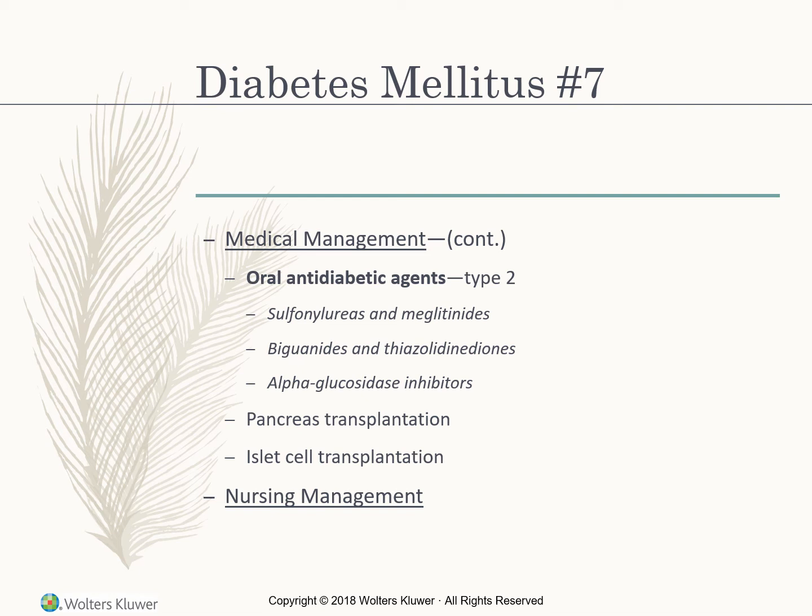So again, in any kind of transplant, they have to be on lifelong immunosuppressive drug therapy because without it, the organ will be destroyed. And because type 1 diabetes can be managed with insulin, many experts believe that the risk involved with immunosuppression outweighs the benefit that can be achieved with a pancreas transplant, unless a kidney transplant is also necessary.